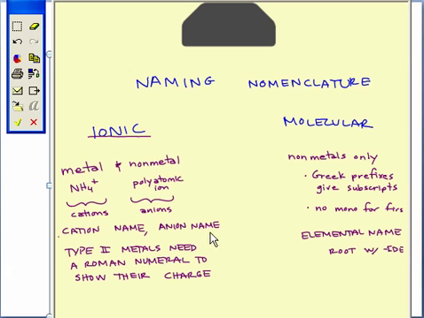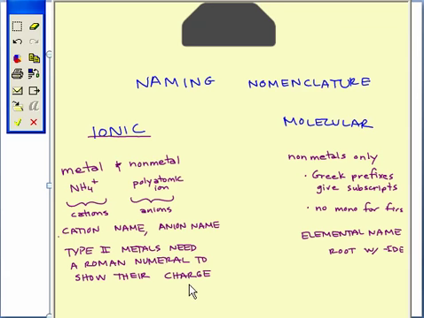The only time you have to use a little bit more math is when you're dealing with the type 2 metals. You need to show a Roman numeral to show their charge, because these type 2 metals have variable charges, and whatever charge they have will have a big impact on the formula.